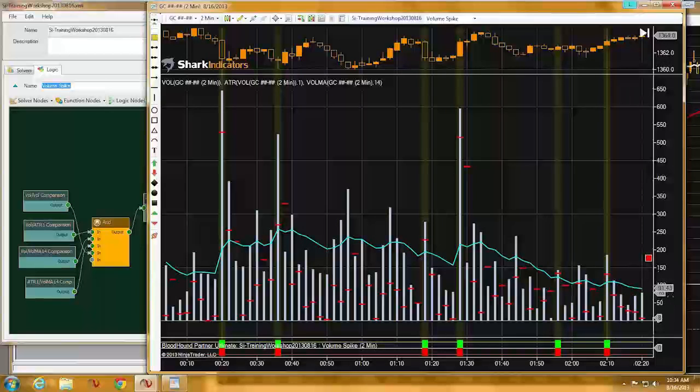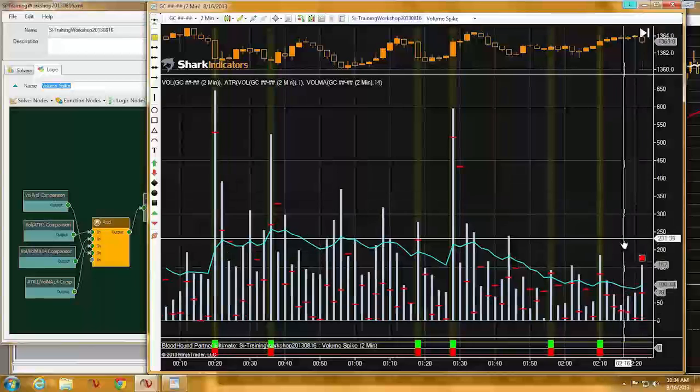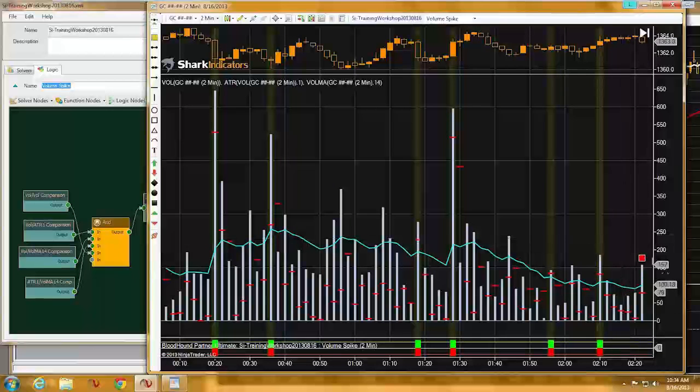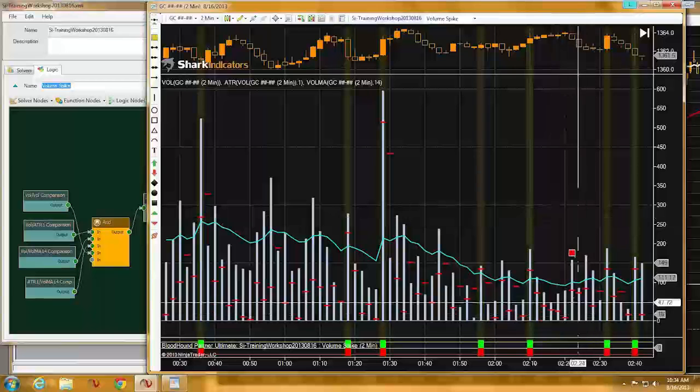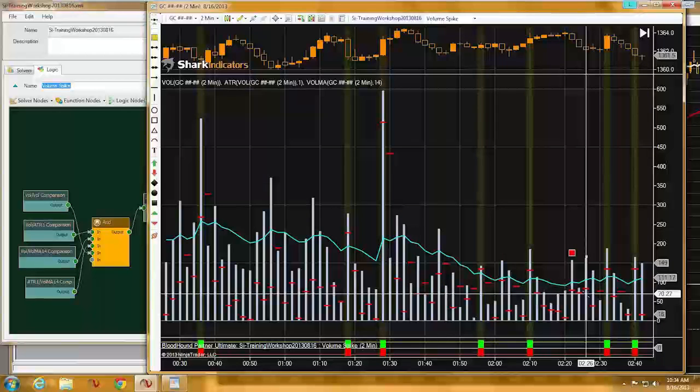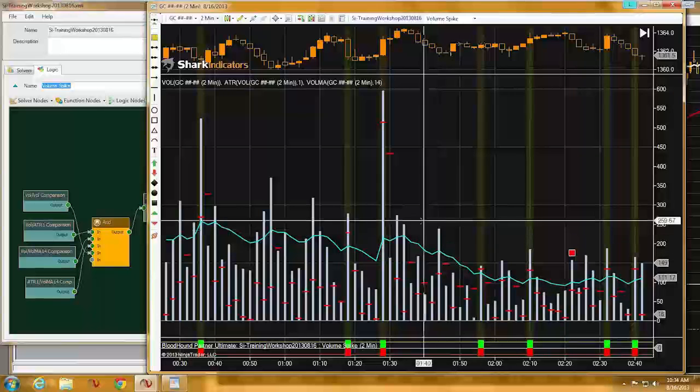So we have a volume of what looks like 70 to 157. So that's double the volume. And what happened? So the ATR didn't get above the moving average. So this is not working out in a couple of places.